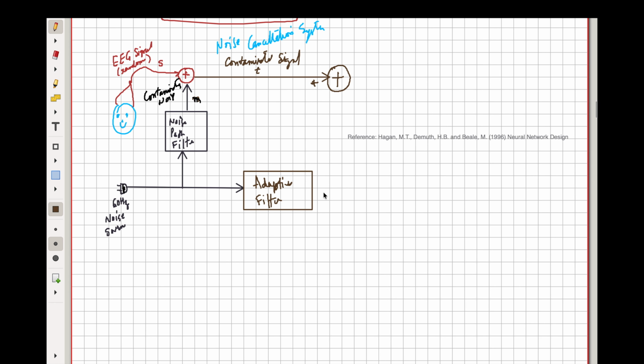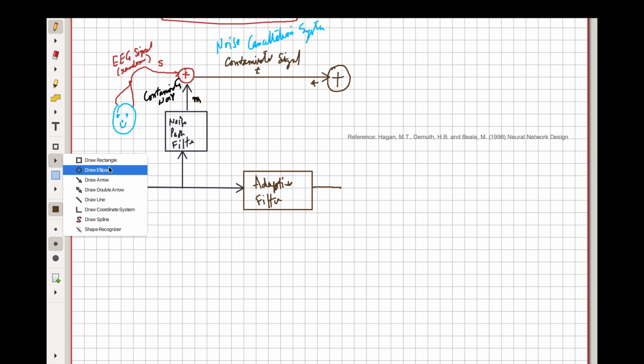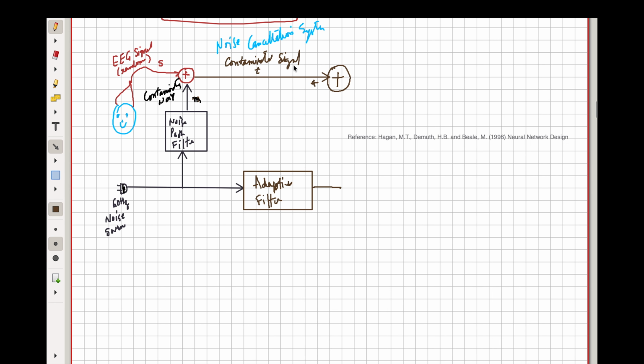And this adaptive filter will output a wave that would essentially match the contaminated noise that is in this signal. So it is trying to predict this M value.